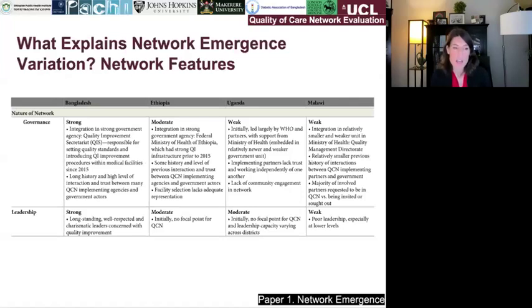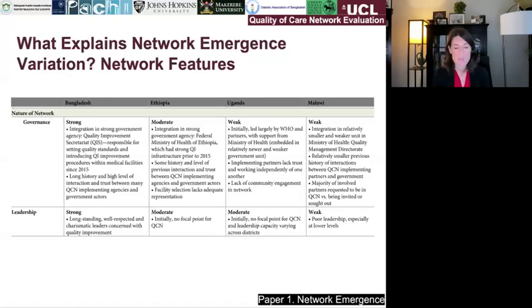Two features of the network itself were also just as crucial in explaining QCN's emergence across the 4 countries. The first one, effective governance, was one of these critical factors. QCN crystallized faster and with greater quality when it was embedded in powerful national government agencies with previous experience directing quality improvement initiatives. So you see in Bangladesh, the strategic placement and integration of QCN activities into Bangladesh's QIS, which is a strong and well-established government agency at the center of the country's quality improvement efforts, really helped to accelerate the network's emergence.